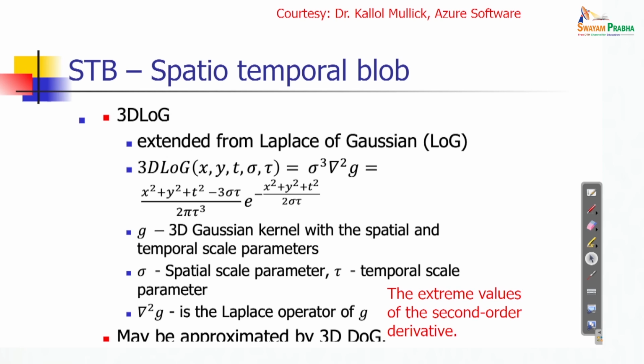And as I mentioned, Laplacian of Gaussian operations can also be approximated by difference of Gaussian operations. So we can also use 3D difference of Gaussian operations, which are easier to compute in a particular case when we are doing this scale space representation of a particular image.